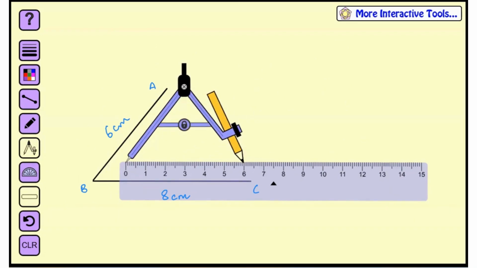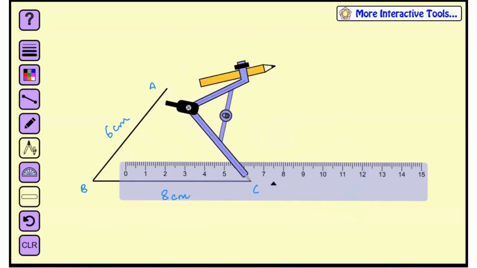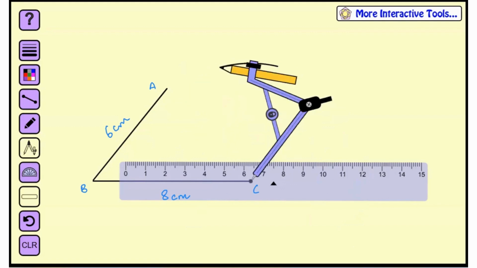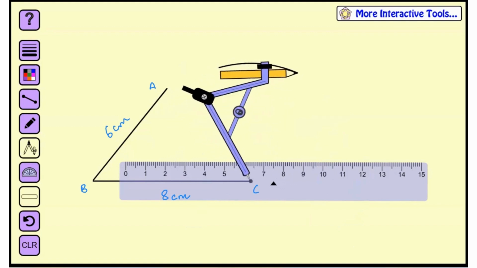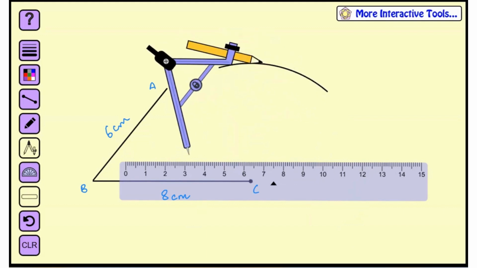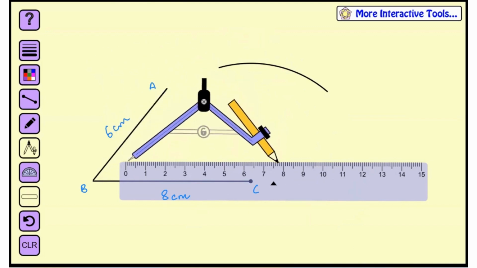Then we're going to put it over here and draw a 6 centimeter arc over here. Now, we're going to open this to 8 centimeters.